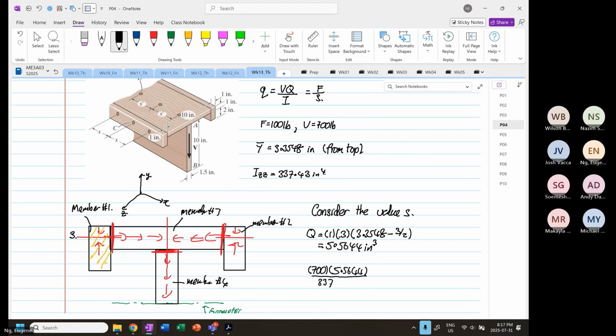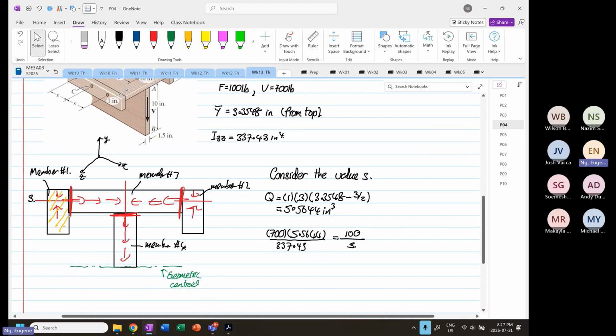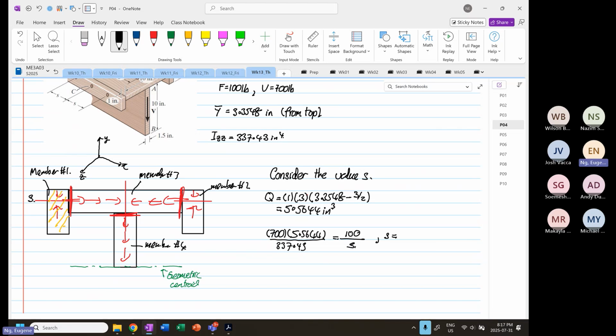I is equal to 100 divided by S. So from here, S is 100 times 337.43 divided by 700 divided by 5.5644, 8.66. Okay, I got 8.66 inches.